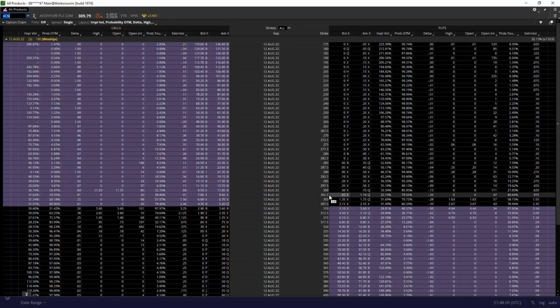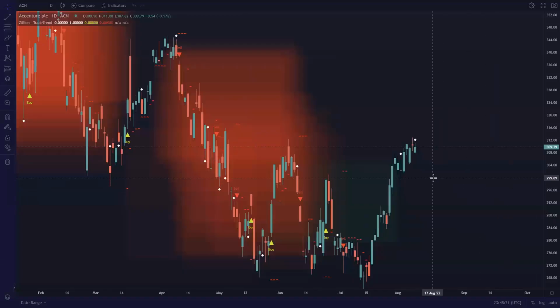I might even use 302.50 because there's not a 301.75 strike or even a 301.50. I might want to look at what is my probability of touching that price if that's my profit target, right? I've got a 40% chance. So the odds are actually against me for Accenture moving down into the support level that I identified.